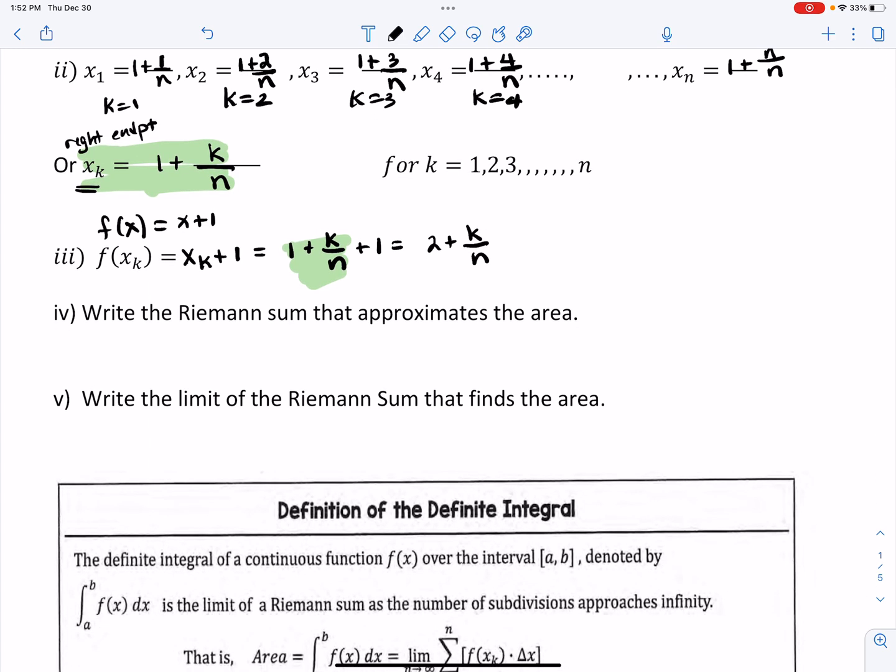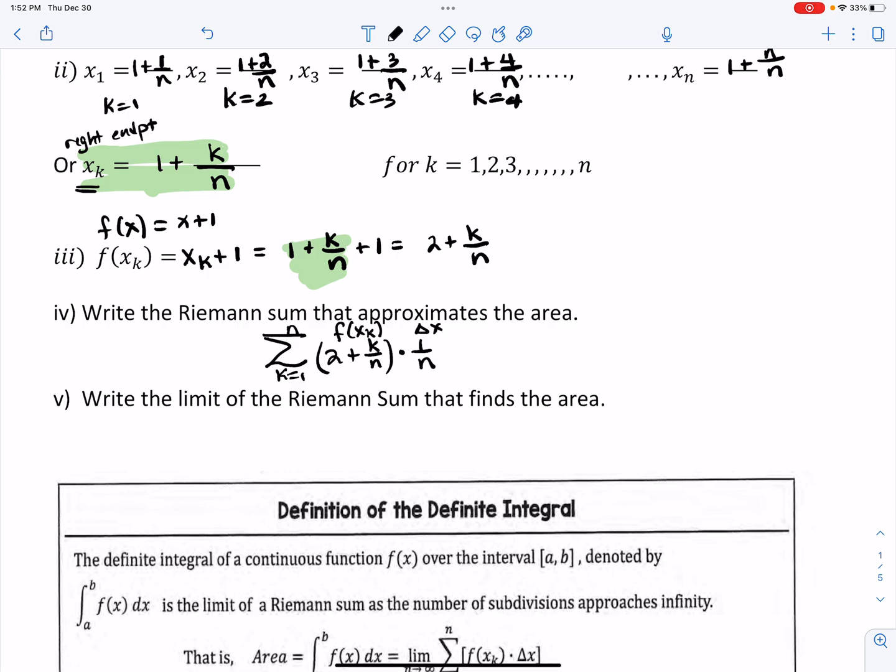The Riemann sum would be the summation from k equals 1 to n, and we would add up the rectangles in the form of a height, which is 2 plus k over n. This is the height of the kth rectangle. And the width of the kth rectangle is delta x, which is 1 over n.